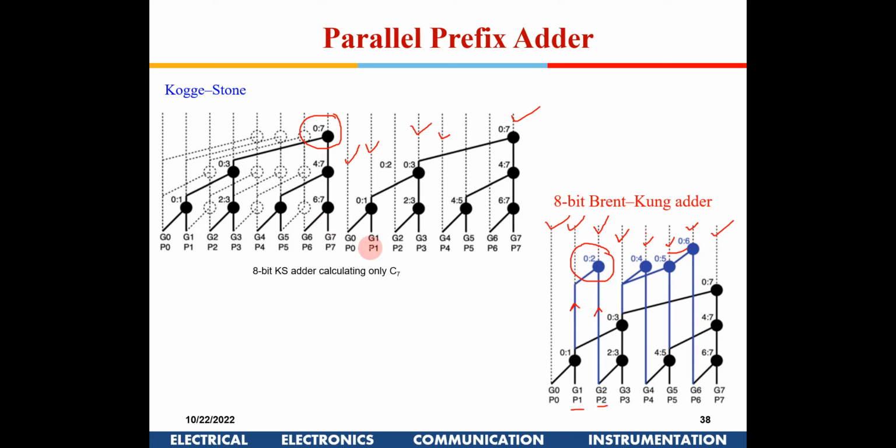Now compared to the earlier one, you see I have removed all the redundant ones. Here if you see it was 1, 2, 3, 4, 5, 6, 7, 8, 9, 10, 11, 12, 13, 14, 15, 16, 17 odd were there. Here I have 1, 2, 3, 4, 5, 6, 7, 8, 9, 10, 11.